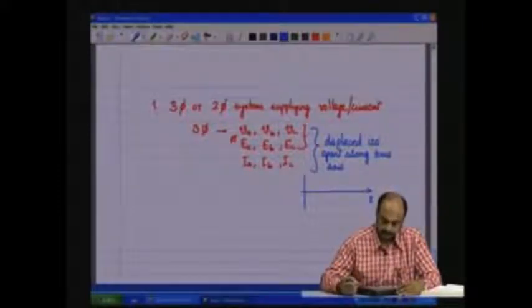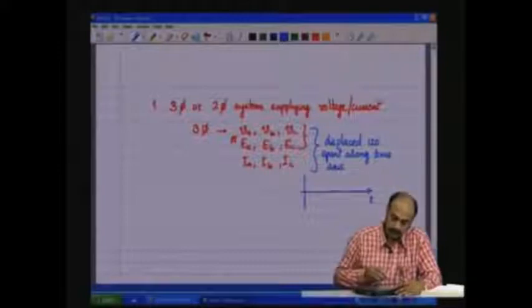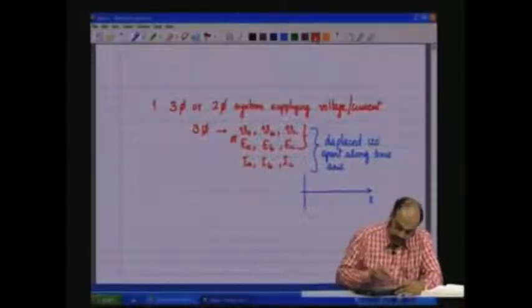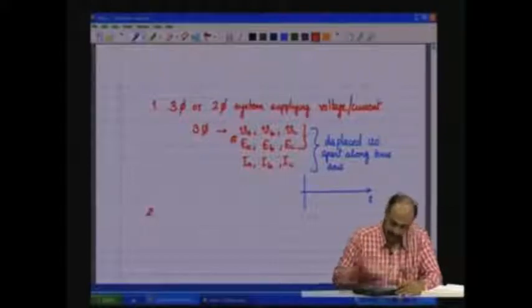Now, let us make one more condition, the second condition.